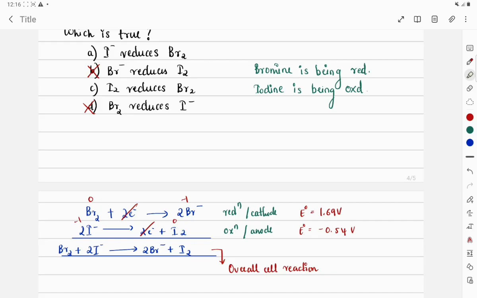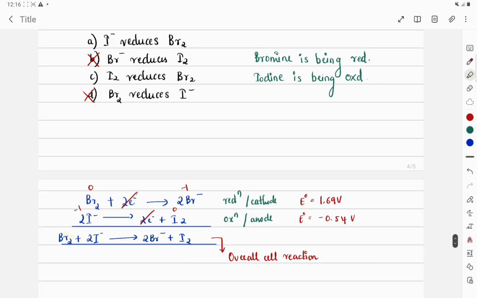For that, let's simply check the overall cell reaction. Here you can see Br2 is being treated with I minus. Because of their reaction, Br2 is becoming Br minus and I minus is becoming I2. What does this mean? Br2 is reduced to Br minus because of I minus.